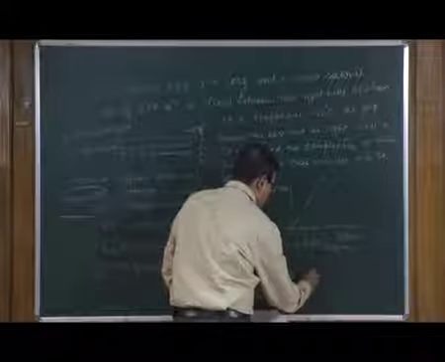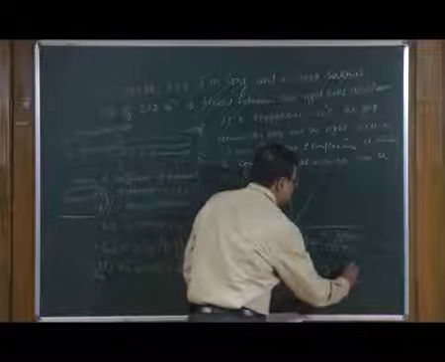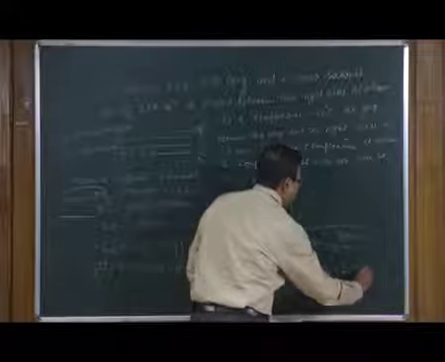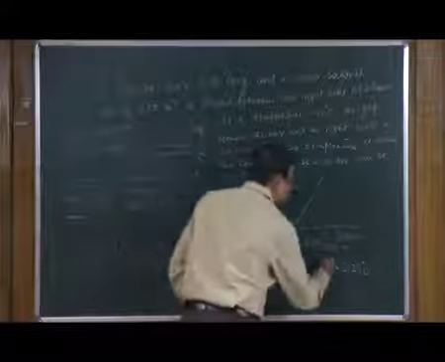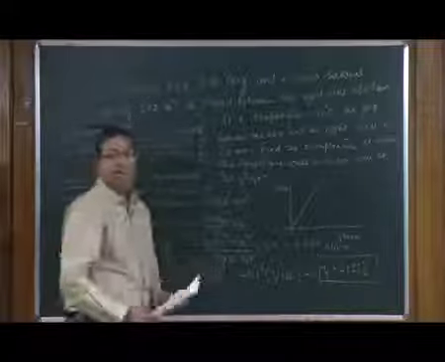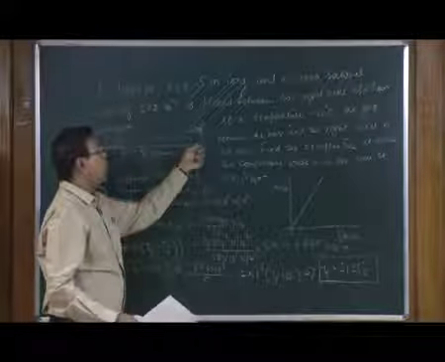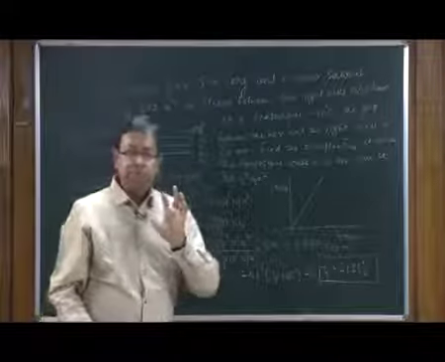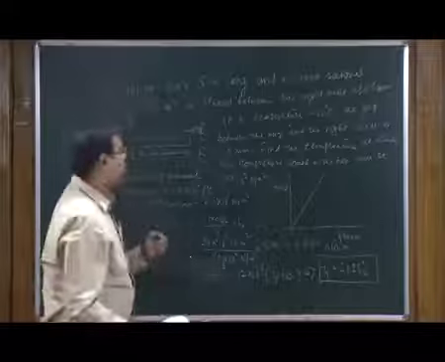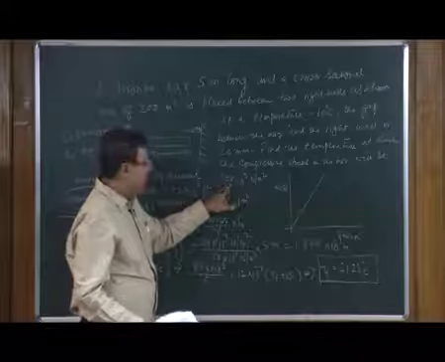If one solves for Tf from here, it will come as 21.25 degrees centigrade. So it is at this temperature that the bar will not only touch the right wall, but it will also start putting pressure on it, because of which the compressive stress will be developed, which is given by this.